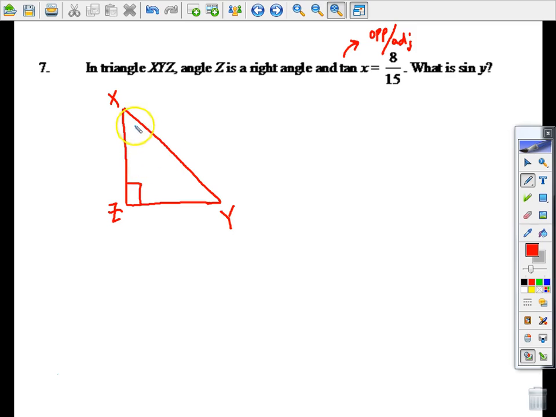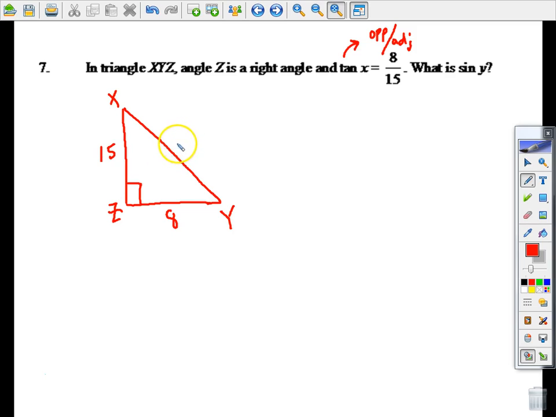Okay, so from angle X, the opposite side, which is the top number of this fraction, will be 8. And looking out from angle X, the adjacent side, which will be the bottom number of this fraction, will be 15, which means that I do not know the hypotenuse. So once again, I'm going to use the Pythagorean theorem.